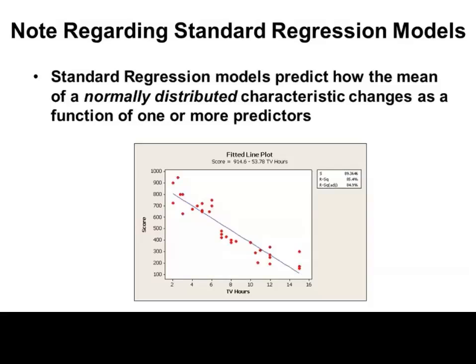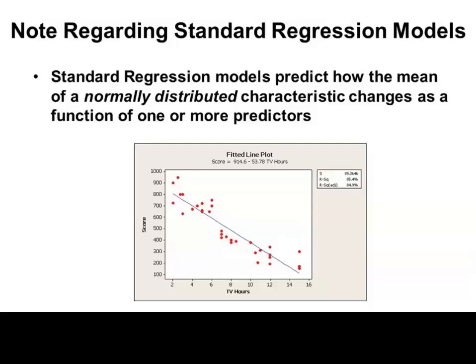This example here is a study that was done to try to relate the number of hours per week children of a certain age watch TV versus their score on, say, the SAT or some standardized achievement test. And of course, there's a lot of scatter in the data, but you could fit a best fit model that minimizes the errors here, the differences between these points and the line.